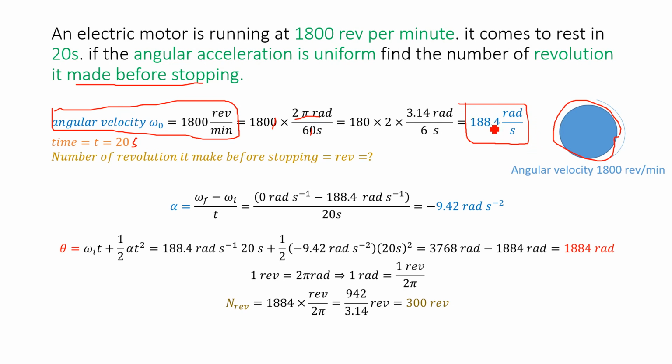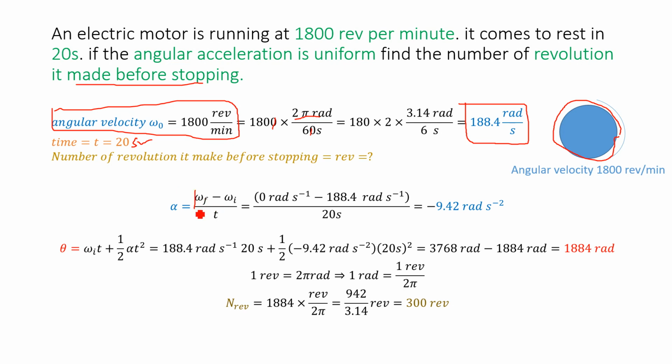The final angular velocity, omega f, is equal to 0. The time it takes before stopping is 20 seconds, which is already given. First we are going to calculate the angular acceleration. We know that angular acceleration is equal to the change in angular velocity divided by time.